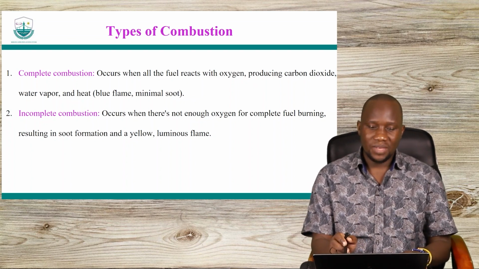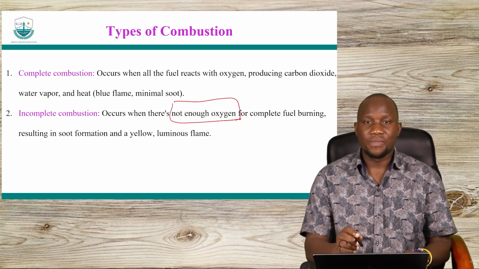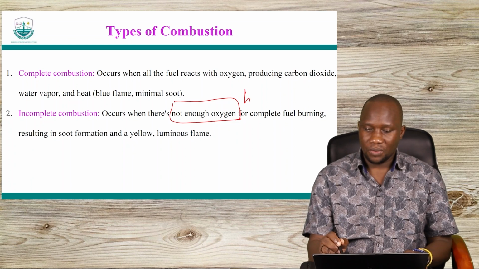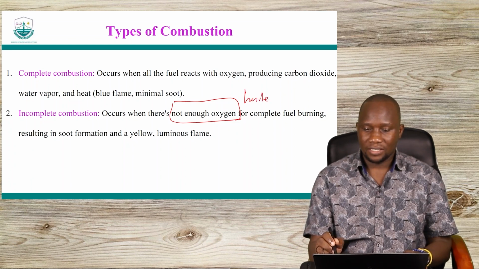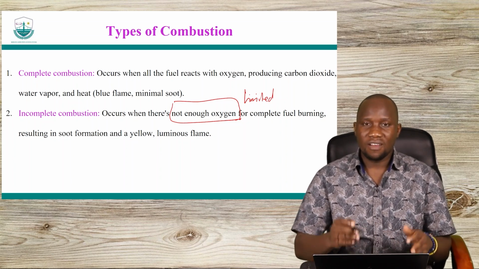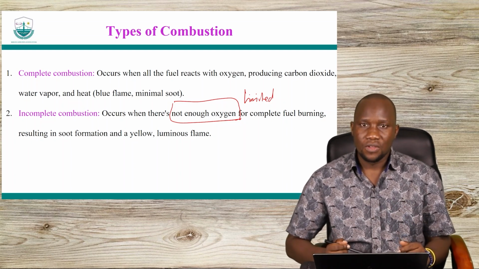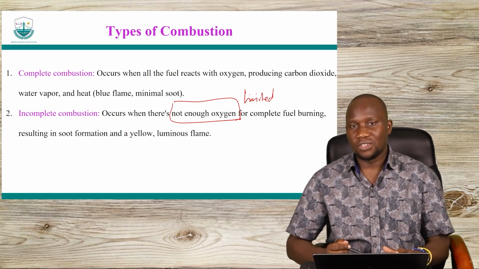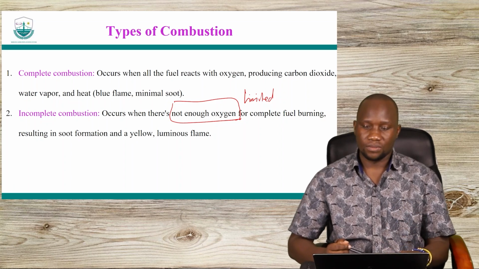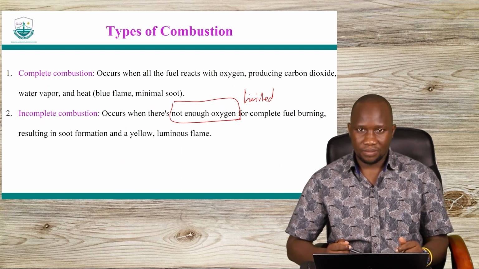If we have limited oxygen, which we are saying is not enough, in chemistry we use the word limited. Limited means not enough. When you don't have enough oxygen, you have incomplete combustion. When you have enough oxygen, you have complete combustion.